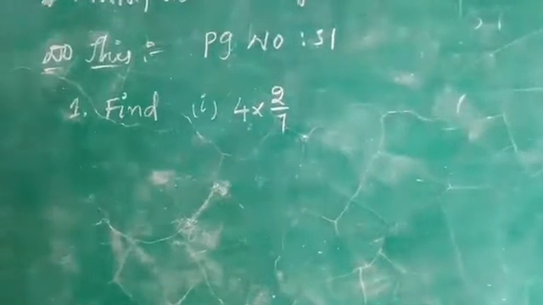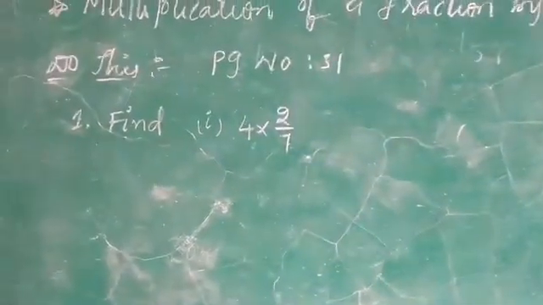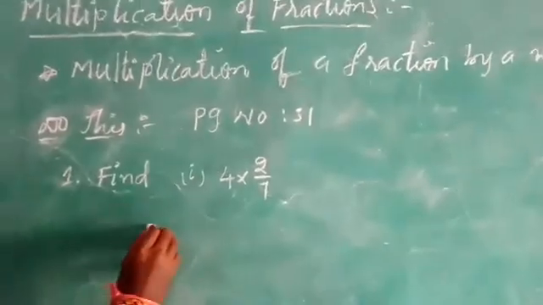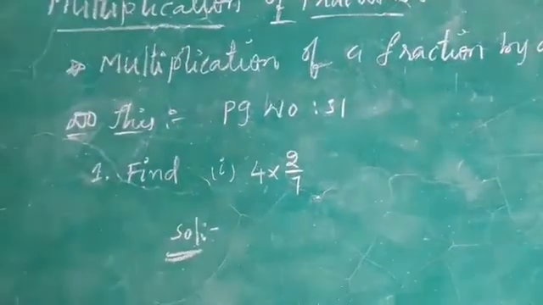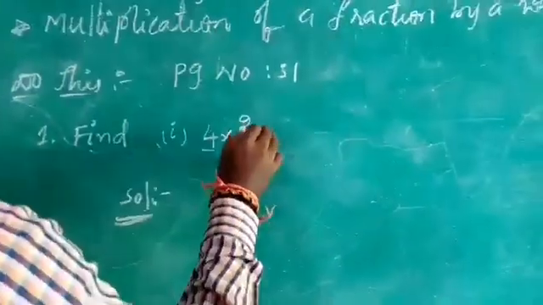I am going to explain it clearly. How can you do that problem? Can anyone tell me? You can do it in 2 methods. One method is 4 times 2 by 7.